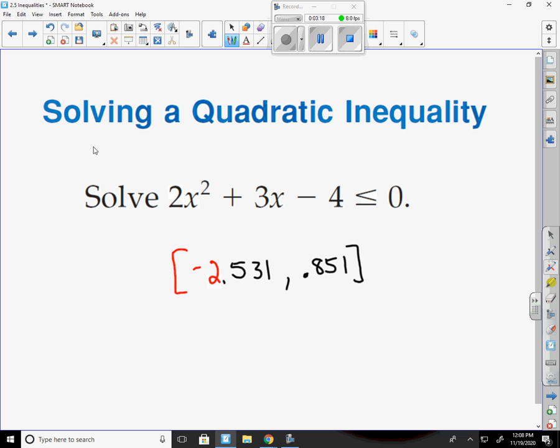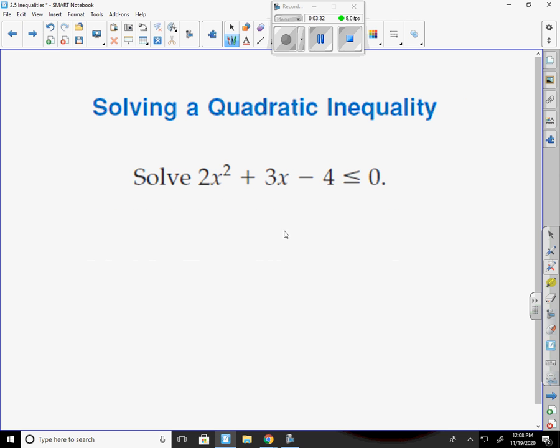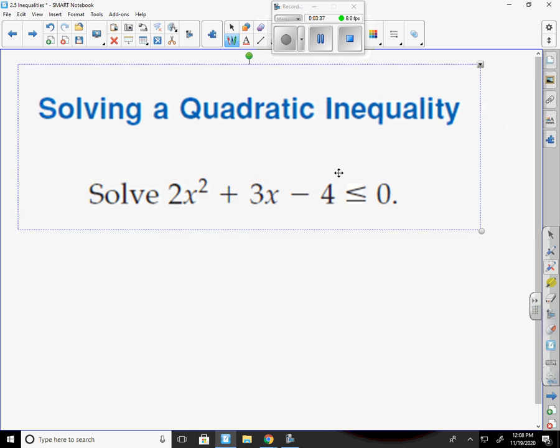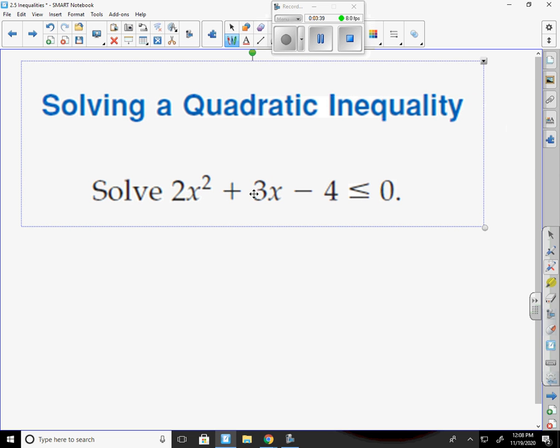Now there will be times where I might say, solve this algebraically. And that's where it's not nearly as fun. So if I'm asking you to solve that algebraically, what you're going to do for one like that is you're going to have to use the quadratic formula.